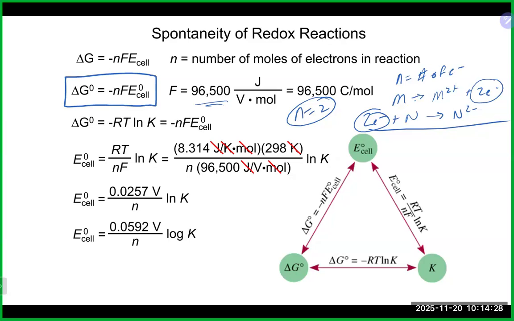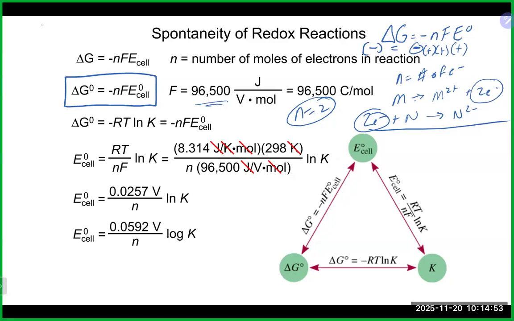So when we look at this equation, if we take a look at just the sign of everybody, we do know that if I have a positive E, F is positive, and N should be a positive number. So that negative in front is going to turn my delta G into a negative.